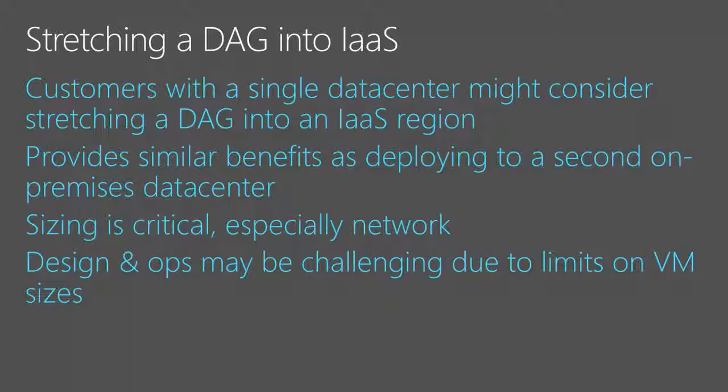It's not just the database and log traffic. Don't forget about things like AD traffic, DNS traffic, the witness pings, and of course, the search catalog as well. Content indexing also gets replicated to the other copies too. And then the design and sizing may be challenging because your provider might be limiting you on sizing of VMs, and you might not be able to create a VM that's large enough to support your needs as well.